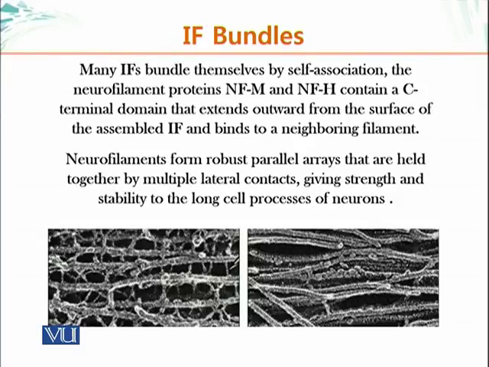I'll explain this. Many intermediate filaments bundle themselves by self-association. Neurofilament proteins, NFM and NFH, contain a C-terminal domain that extends outward from the surface of the assembled intermediate filament and binds to neighboring filaments. An analogy would be if you were talking about microtubules: rather than tau attaching to the microtubule, imagine if the microtubule subunit had a piece of protein or polypeptide chain that was sticking out in the space.